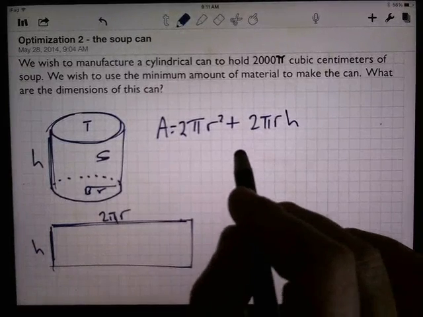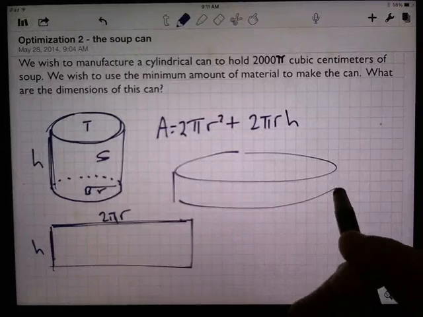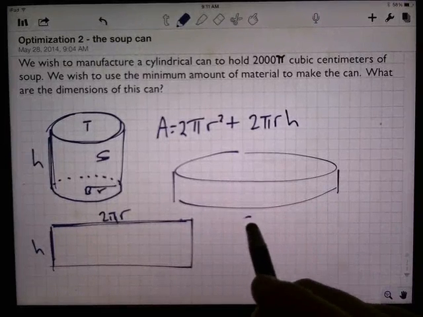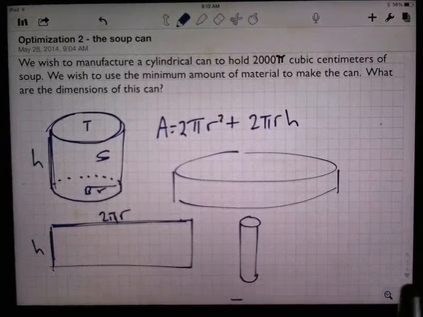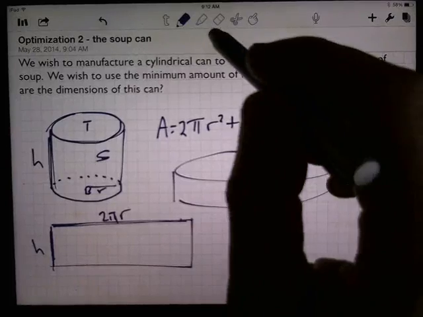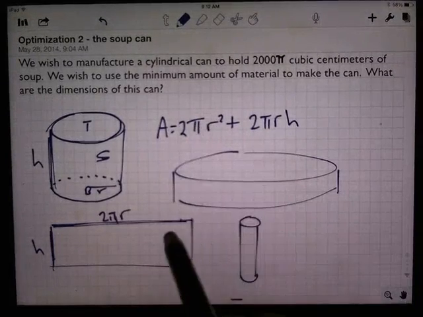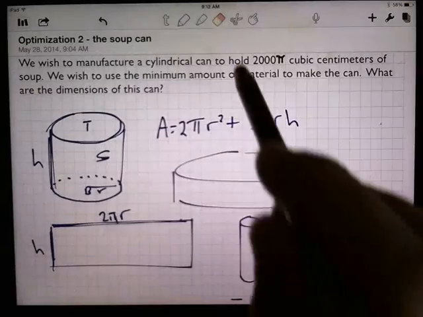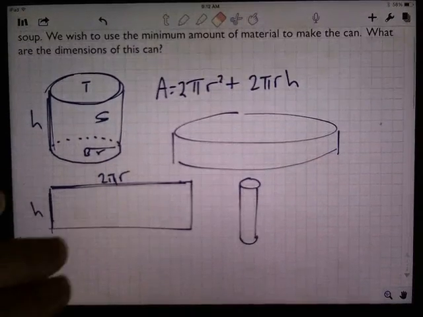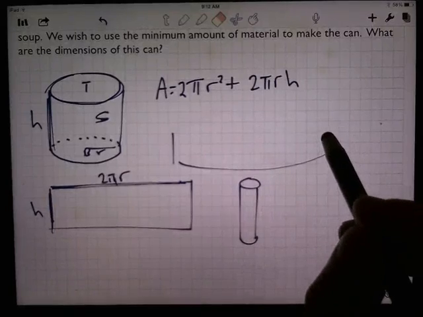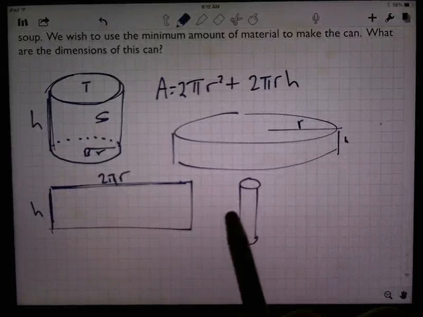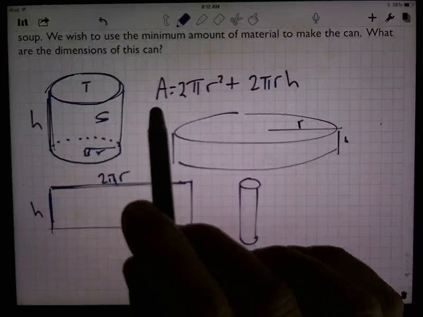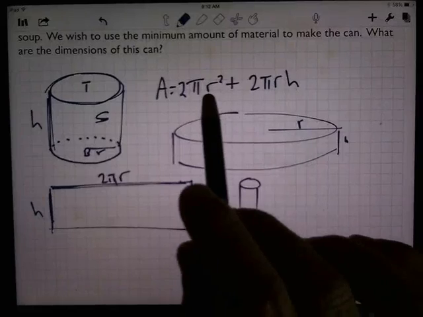I can have really squat, tuna fish can looking things, or ones that look tall and thin, more like one of those highly caffeinated power drinks nowadays. Anyway, the radius and the height seem to be my variables, and the area is what I'm trying to minimize.